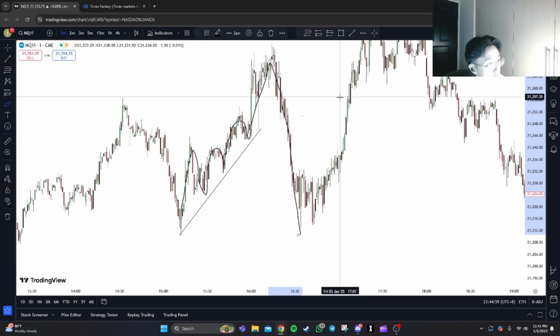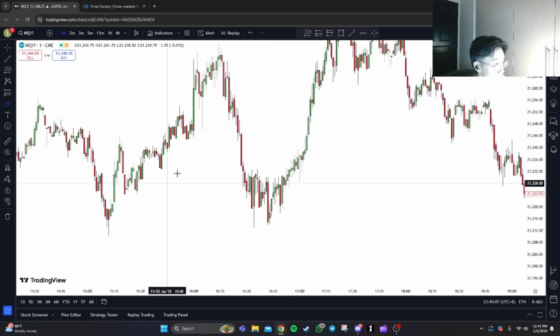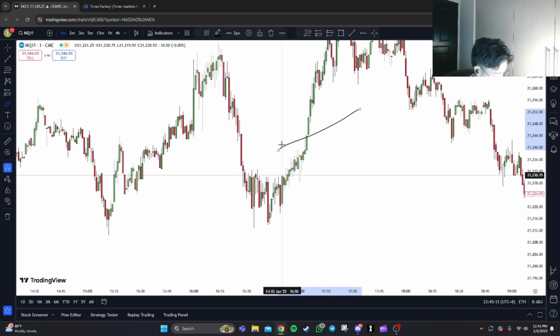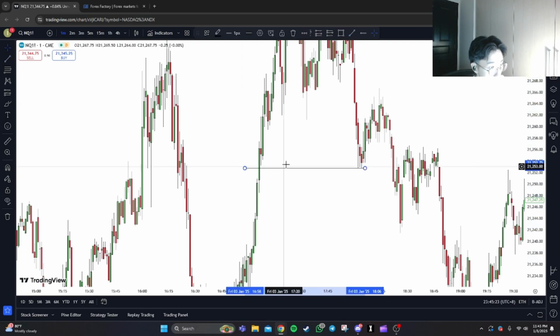And number 4, liquidity in imbalance. Next video I'll be talking about what imbalances are, but for now I'll just show you an example of liquidity in an imbalance. Just now when we found the equal lows, let me draw a line for this equal low. There you go.